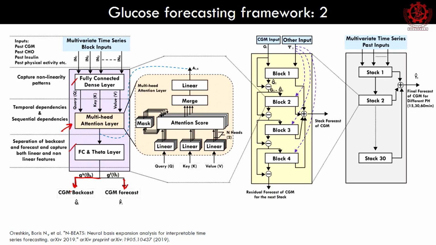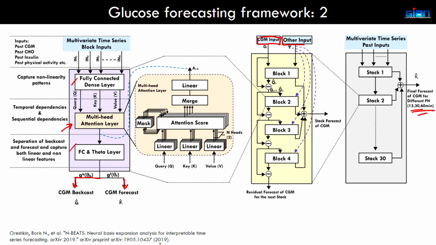The backcast is like a feedback which goes back into the model, and then it processes the backcast. So along with other inputs, you have the backcast as well, and then it makes the final forecast based on the backcast as well as the current data. So in this way, you can develop this.